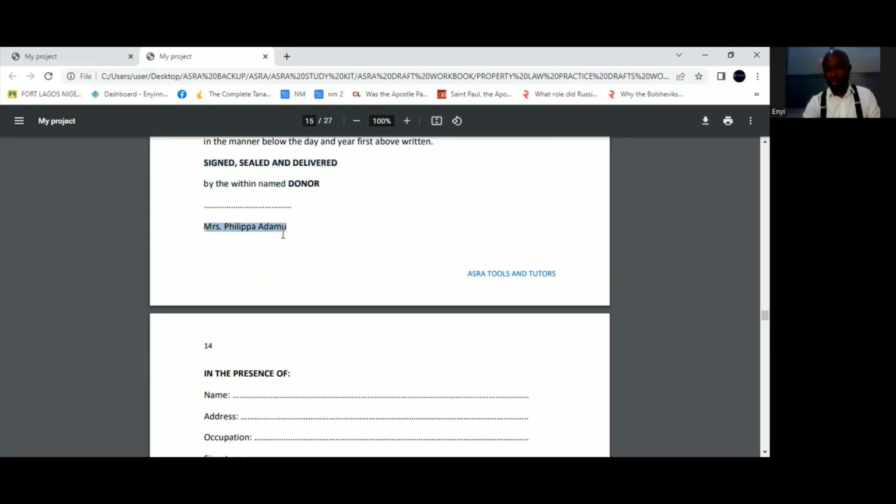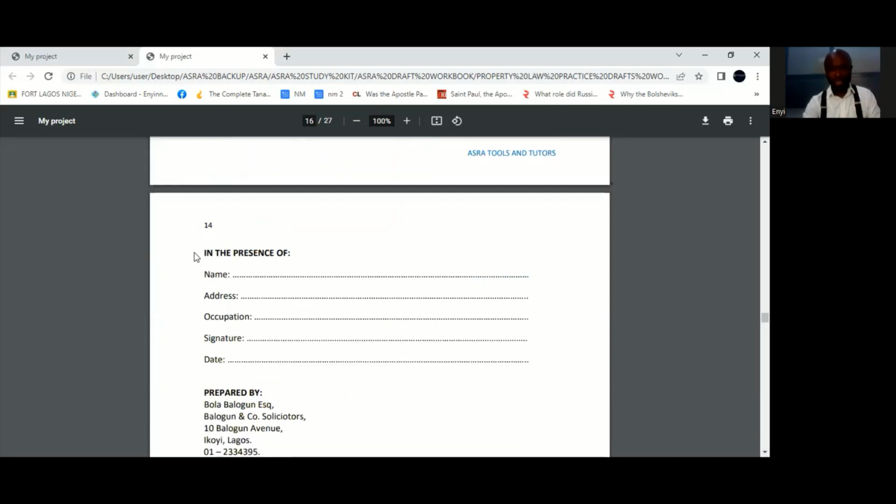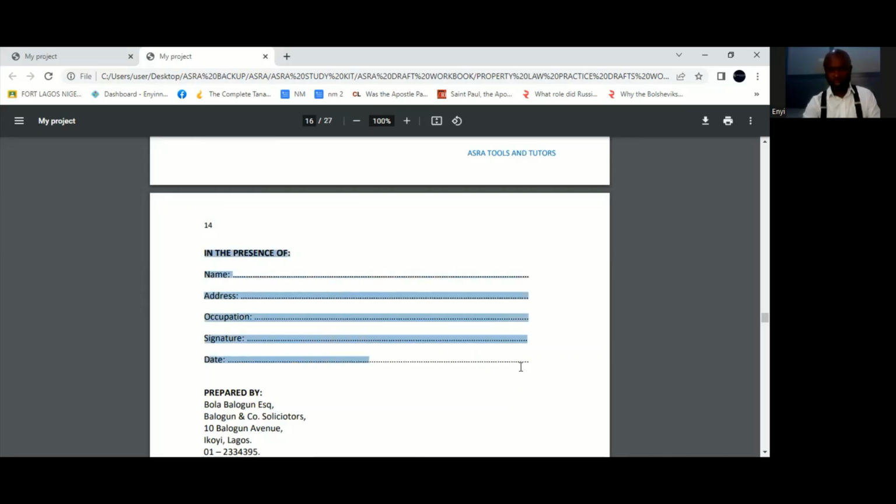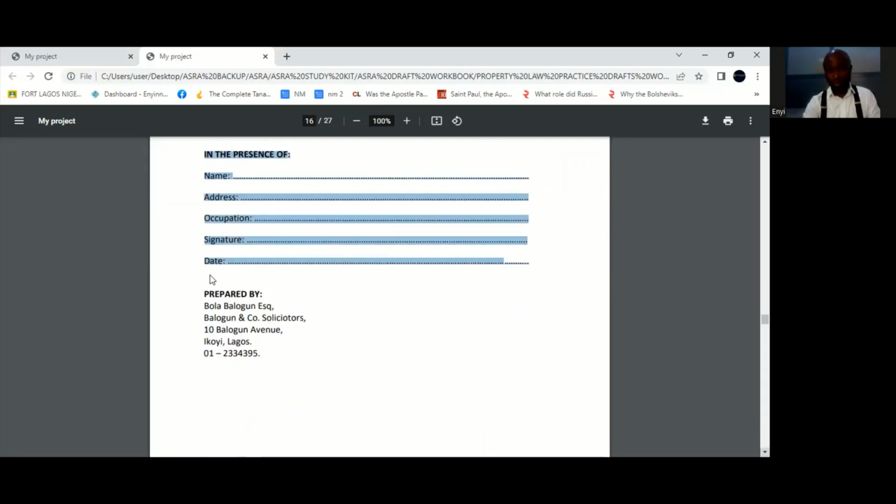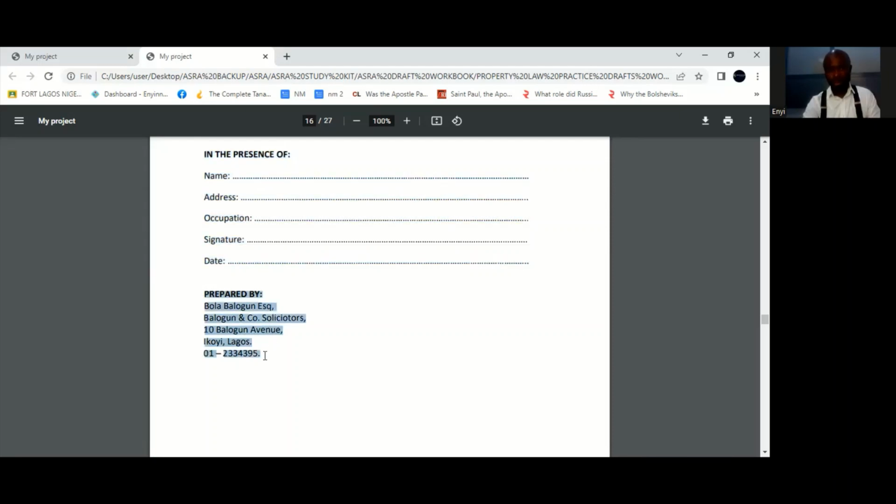And then, of course, the attestation, which would be the witness to the signature, also signing. So in the presence of the name, address, occupation, signature, and date of the witness. And finally, you have the franking, basically the particulars of the lawyer who has drafted this instrument.